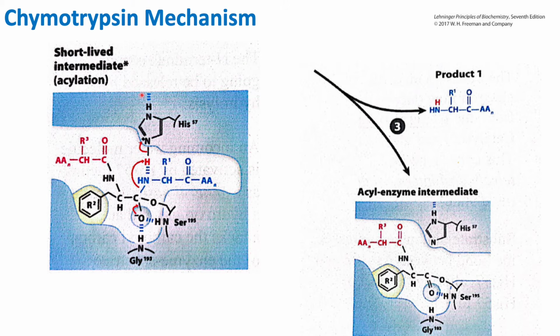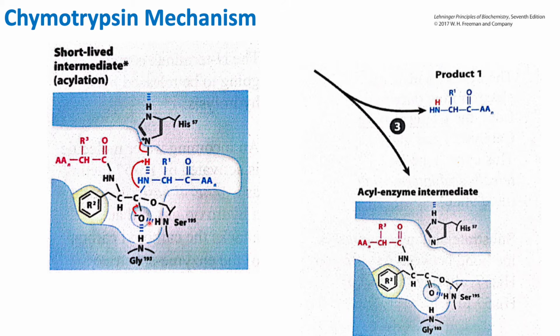This is the tetrahedral intermediate, and this is very, very interesting. This is called the tetrahedral intermediate because now carbon has 4 different bonds. Before it only had 3, now it has 4. So this is our first tetrahedral intermediate. And this is a very short-lived, unstable intermediate because of this oxyanion.